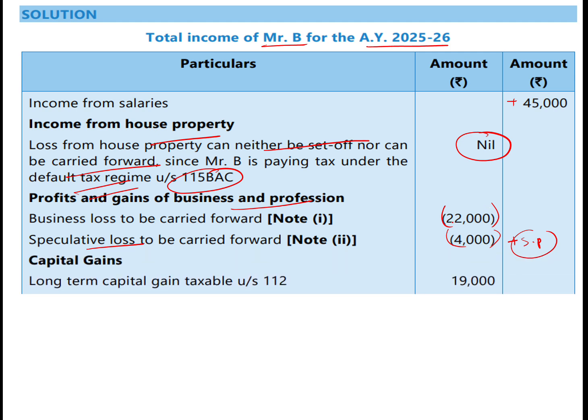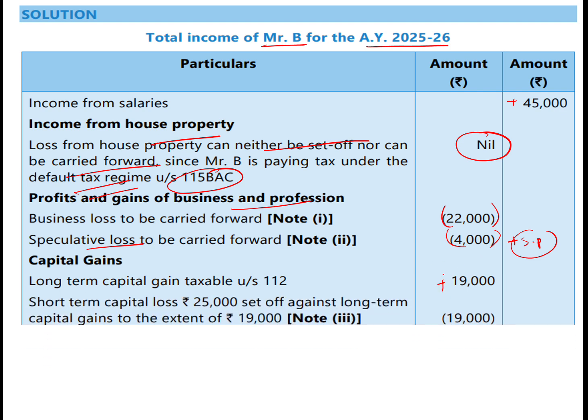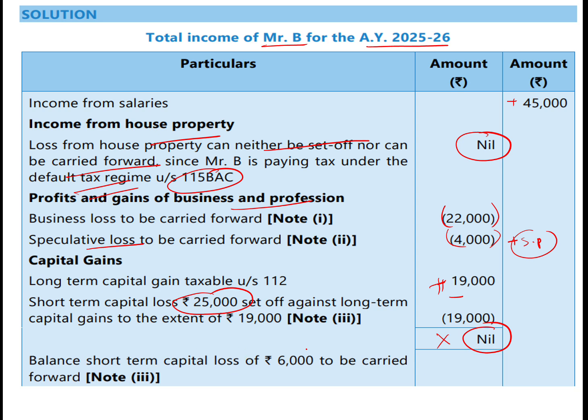Next one is capital gain. We have a long-term capital gain of around 19,000 and a short-term capital loss of 25,000. Out of the 25,000 we can set off 19,000 against the profit, and capital gain is nil. The remaining 6,000 we can carry forward for many years, and this loss can be set off only against capital gain, that is short-term or long-term capital gain, in future.